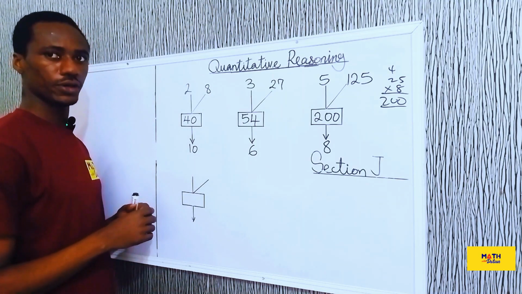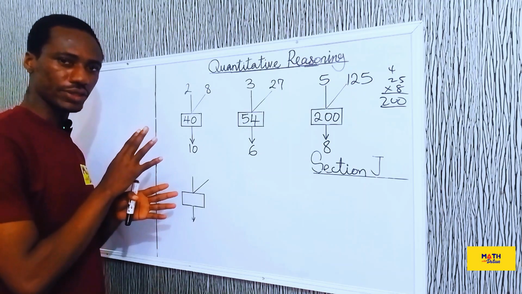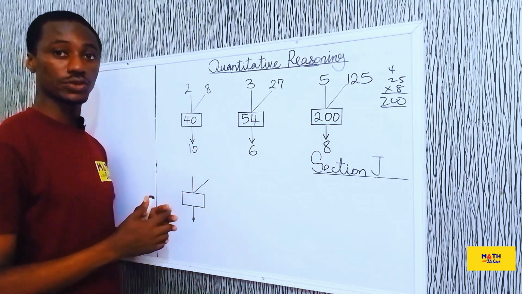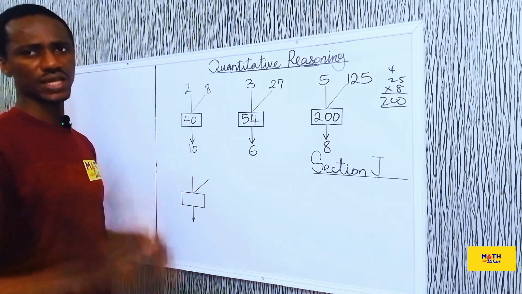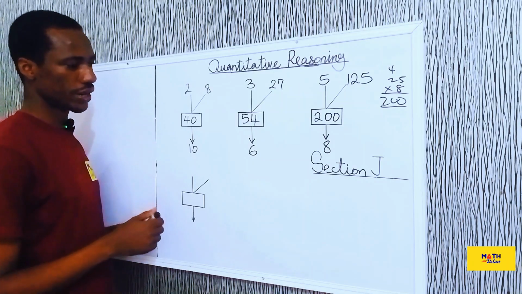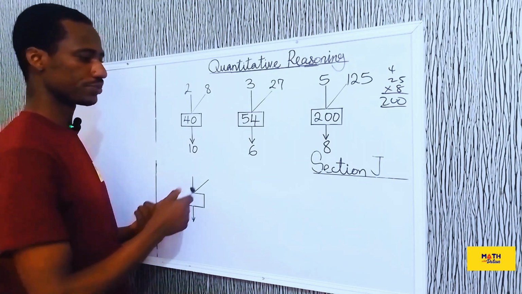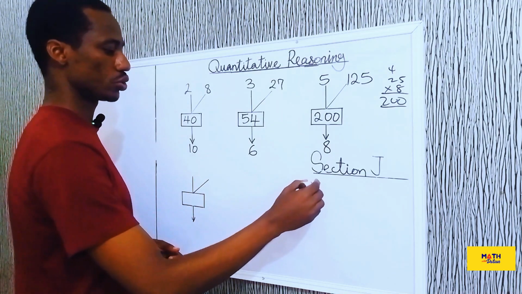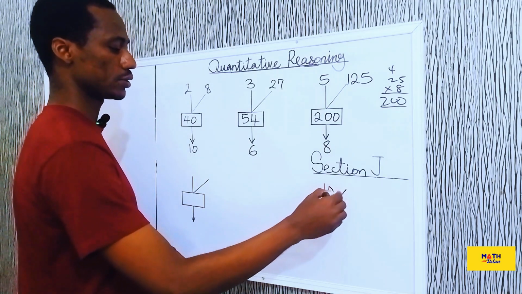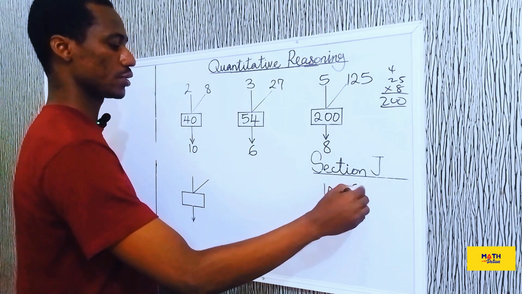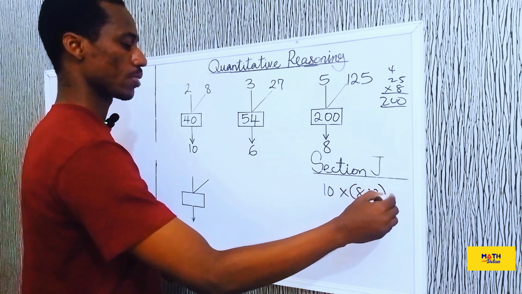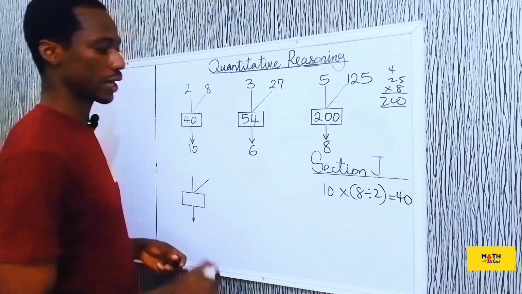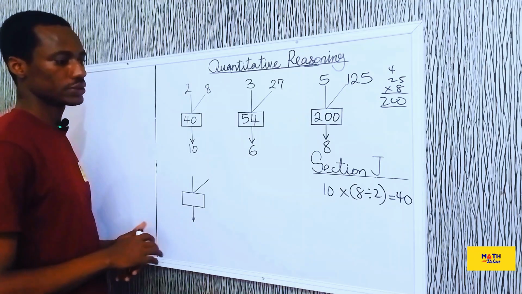So if you're seeing another thing and you've checked across the samples to discover that it works, well, fantastic. All right, but let's write what I've just said. So for us to get 40, we're going to do 10 times 8 divided by 2, and that will give us 40. So we divide 8 by 2 and then we have 40.